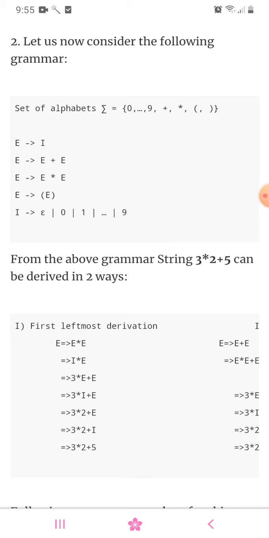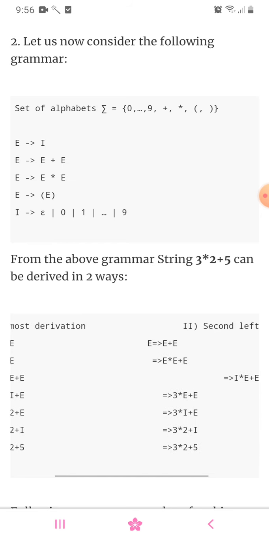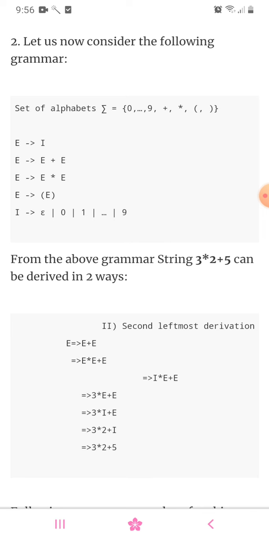Now we can replace I by 5. That means our expression is 3 into 2 plus 5. This is our string. Now we can see the second leftmost derivation.